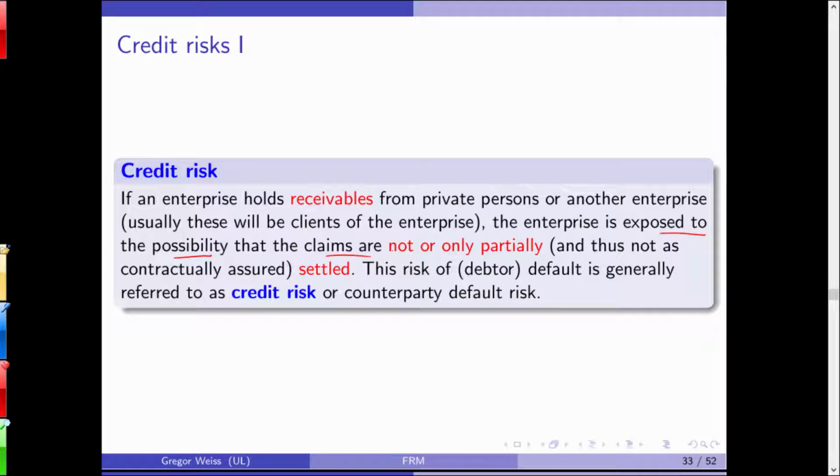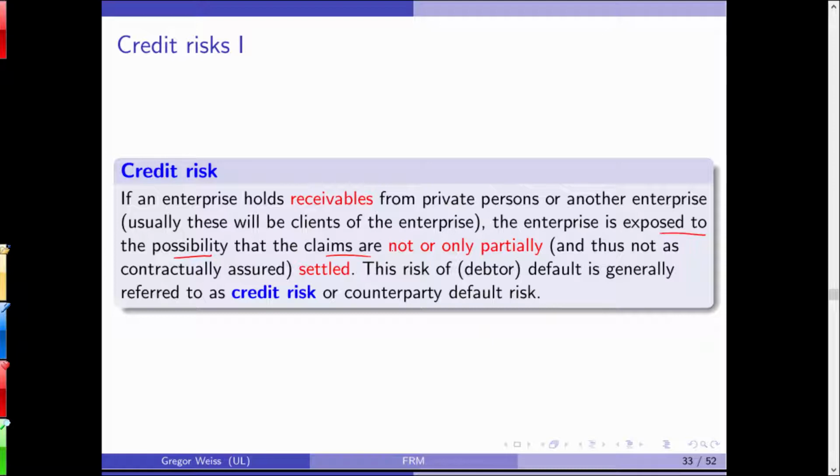I probably have told you this example of energy companies, especially energy companies have large credit risk exposure simply due to the fact they are selling electricity. You only have to pay your energy bill at the end of the month, and even if you don't pay up, the energy company, at least in Germany, will wait 3 months until they stop delivering electricity.